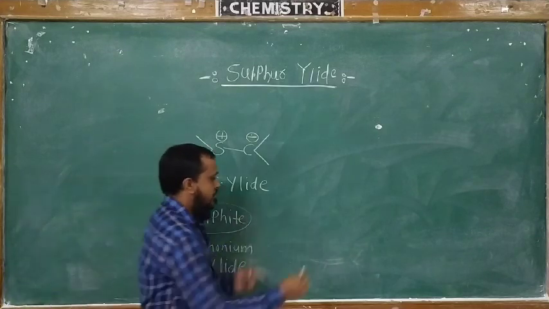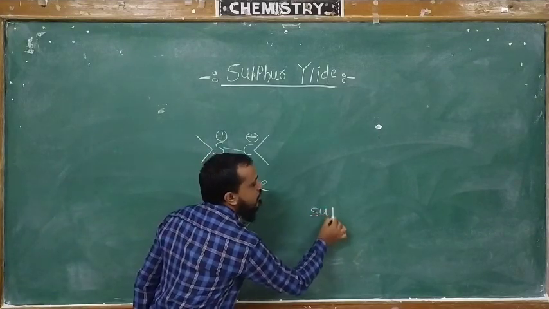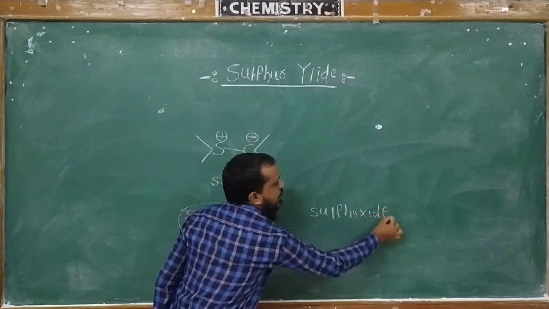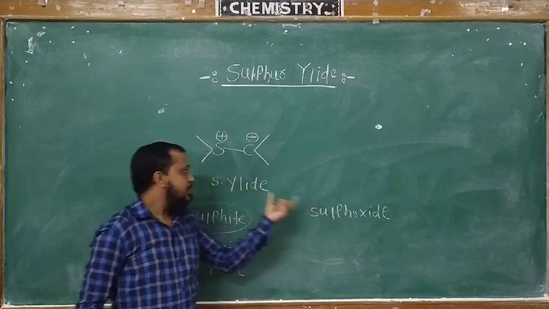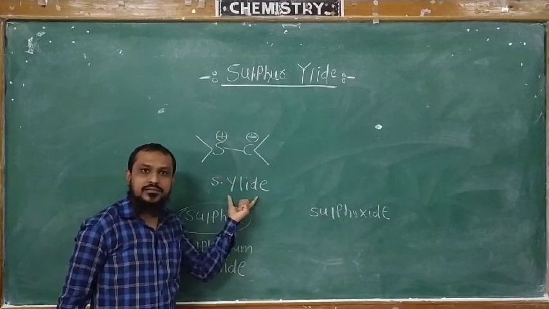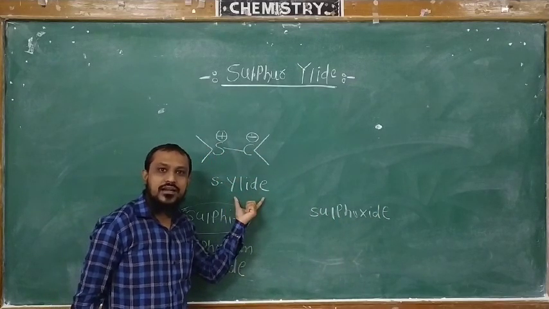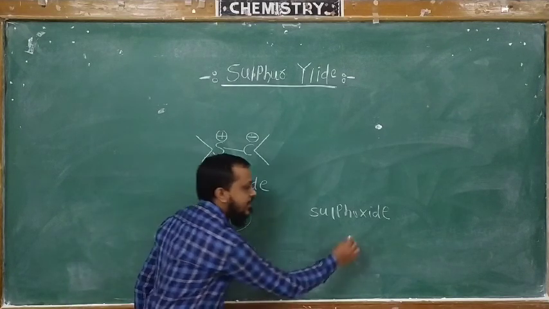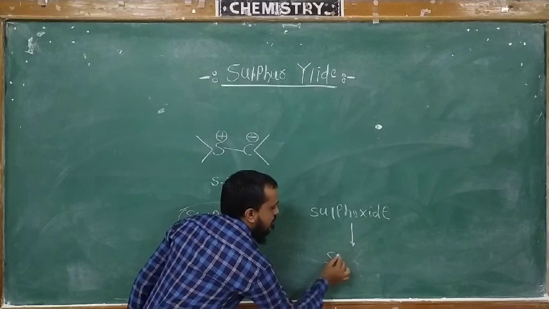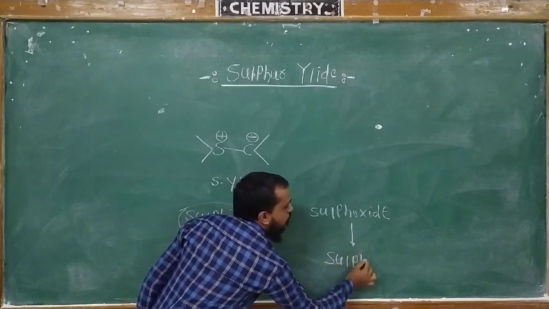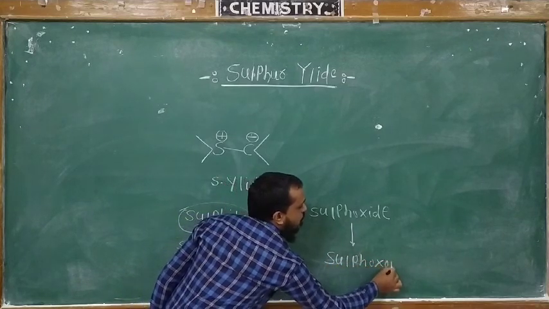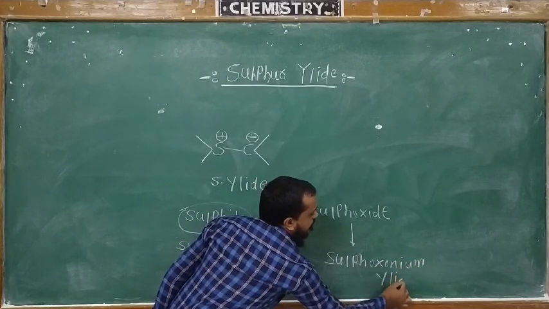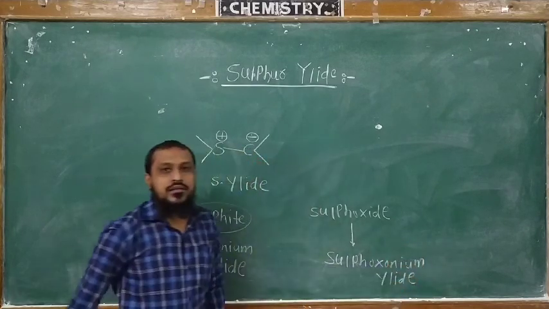And if sulfoxides are used in the preparation of sulfur ylide, then the sulfur ylide formed is called sulfoxonium ylide.